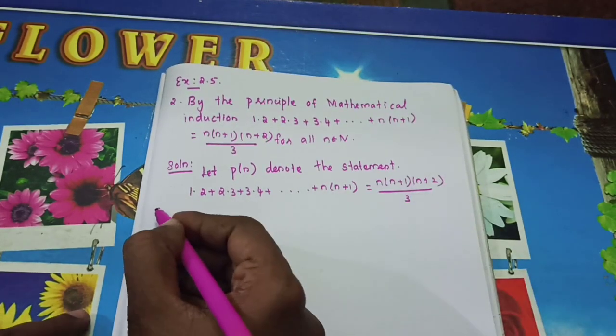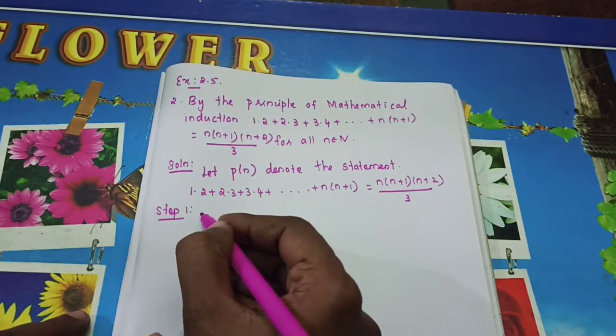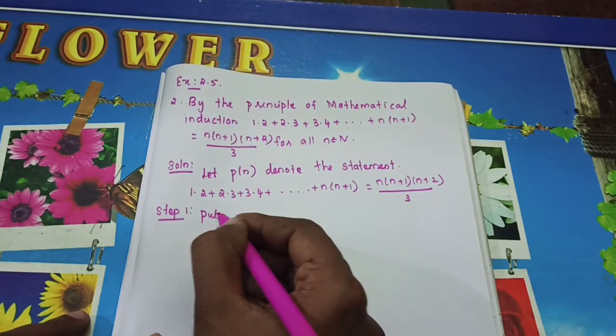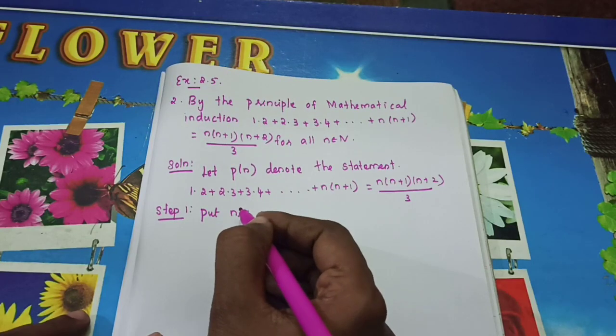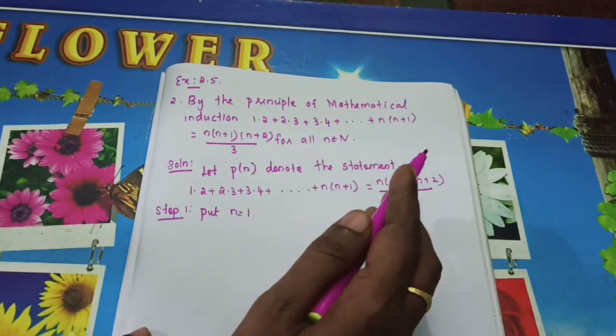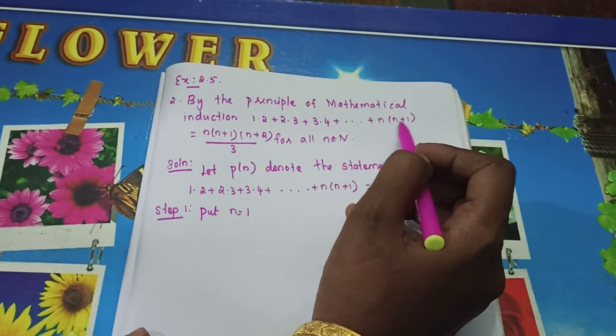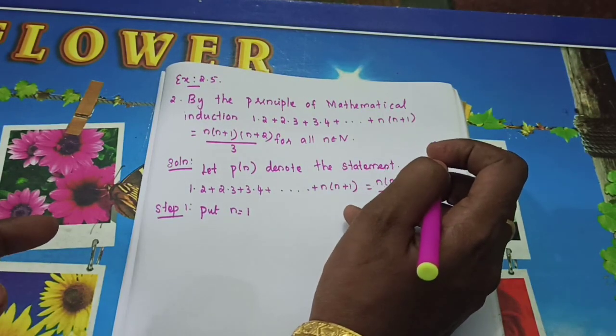So what's step 1? n equal to 1, is it right? So put n equal to 1. Here LHS and RHS are there, so we need to put for LHS and RHS. So same value you need to get there.